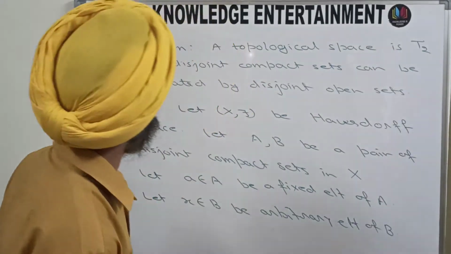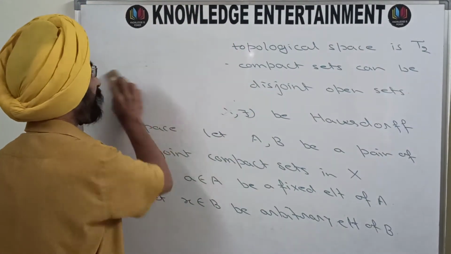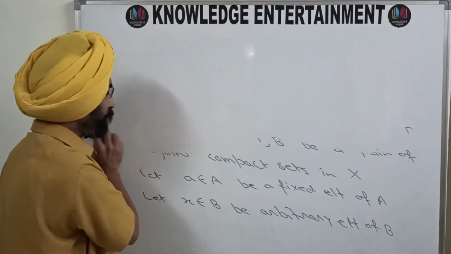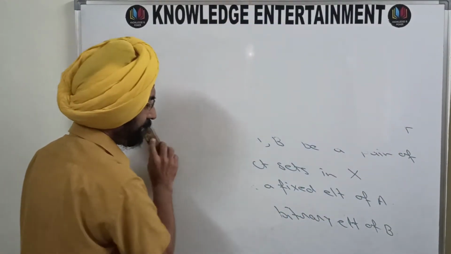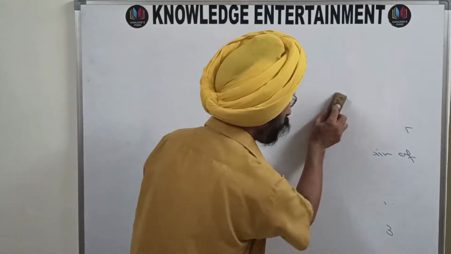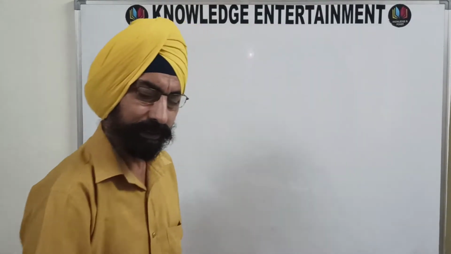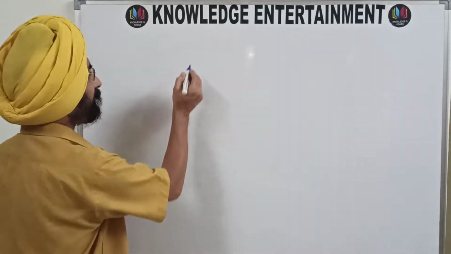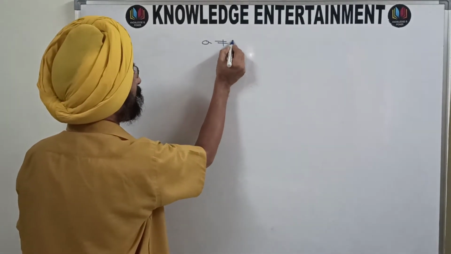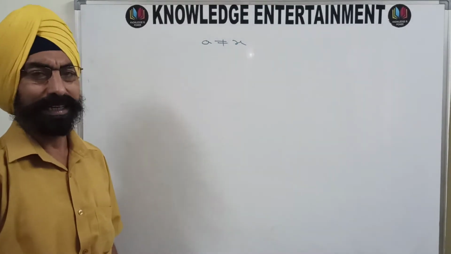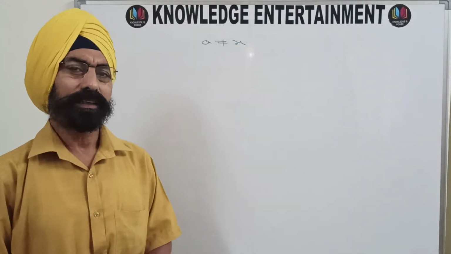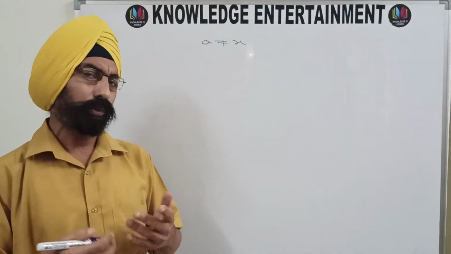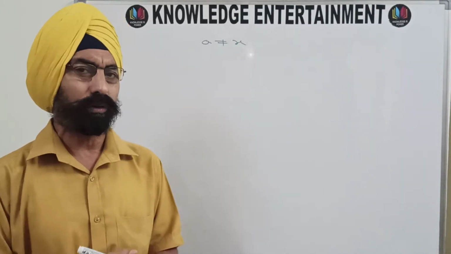Now look, the element a belongs to the set A, the element x belongs to the set B, and A intersection B is phi. That means a cannot be equal to x. a and x are distinct elements, and these two are elements of the topological space X, which is Hausdorff.